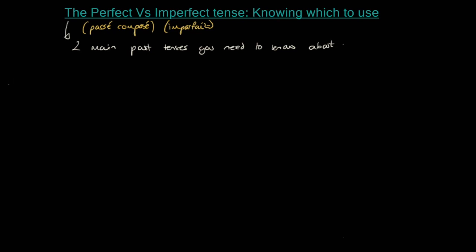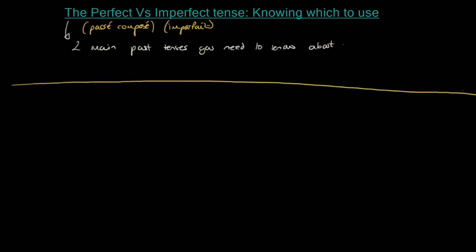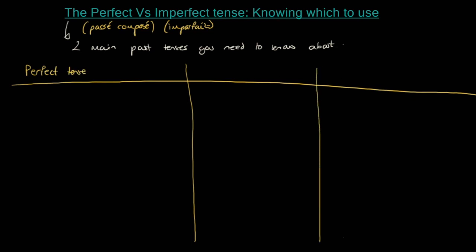So if I just draw out a chart, we're going to split it mostly in two. Let's have here the perfect tense, and let's have here the imperfect tense. I'm going to get rid of that line there.